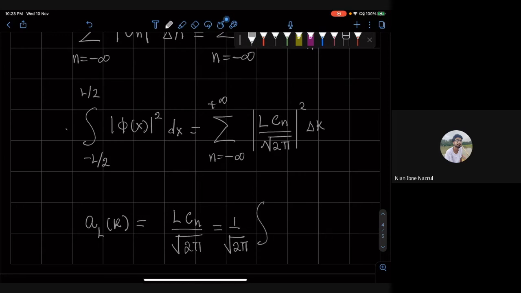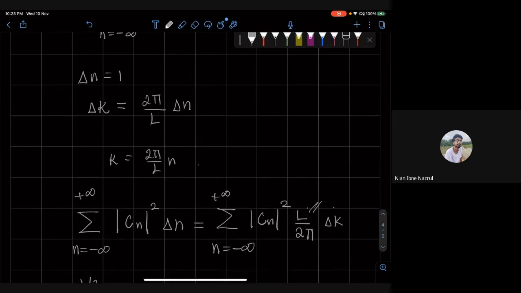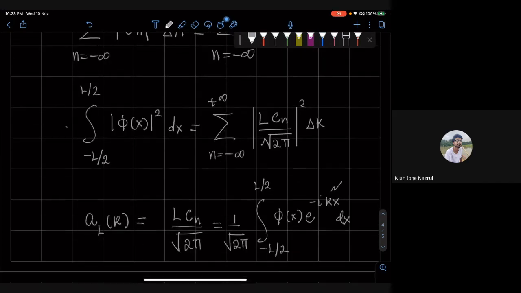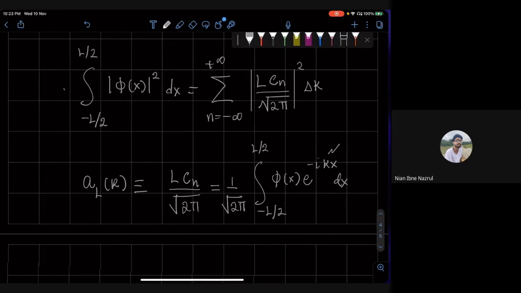And then this integral becomes from minus L by 2 to plus L by 2 phi of x e to the power minus i k x dx. Here, what I've done is that I've replaced the 2 pi n over L by k according to this definition, okay? So this is the definition of A_L.